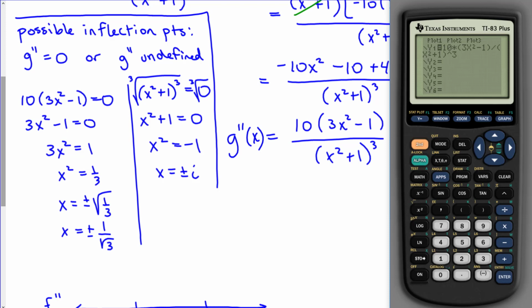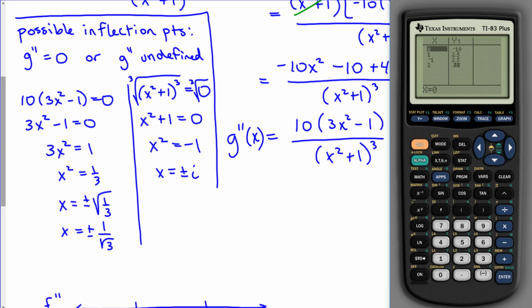Now, I could have put the numerator and denominator in an extra layer of parentheses, but I know from the order of operations that that's not necessary. However, if you would have added those, it would be fine. You'd get the same results. Let me check my table settings. That's great. And I'll go into the table, and I just want to evaluate this second derivative at a couple of points.